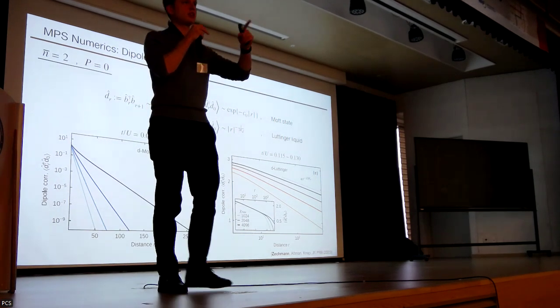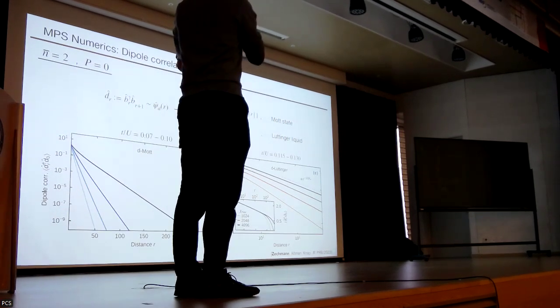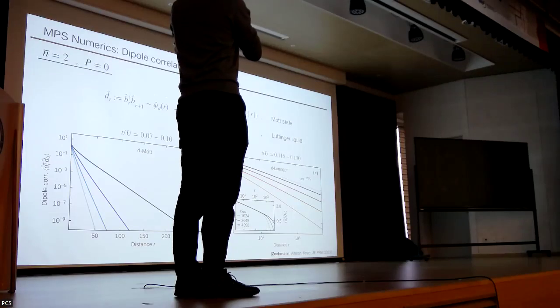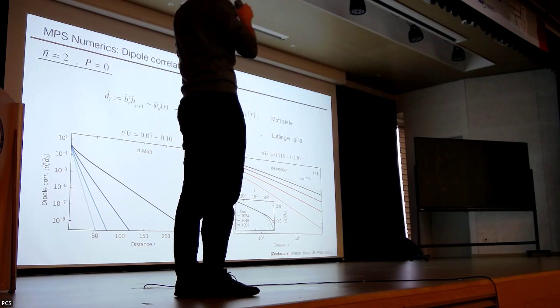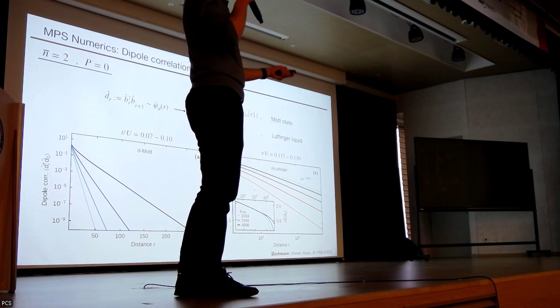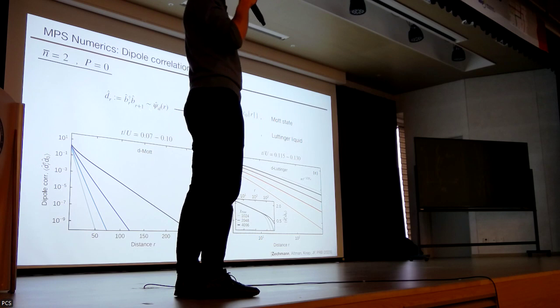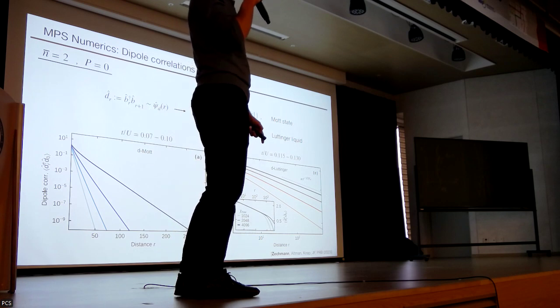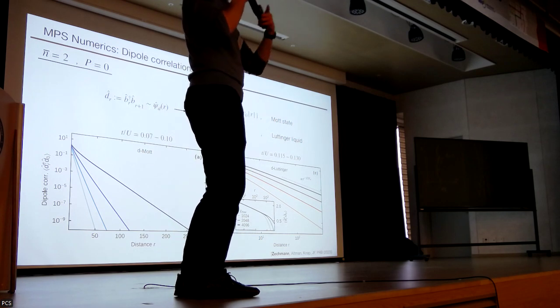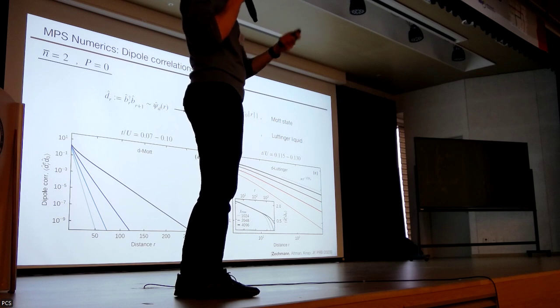And I'm not entirely sure what would happen if I systematically increased this distance. If this is just +1, then we see this algebraic decay. If it's some very large distance, it probably has to become exponential again. I'm actually not entirely sure how this crossover would proceed. So that's a good question.